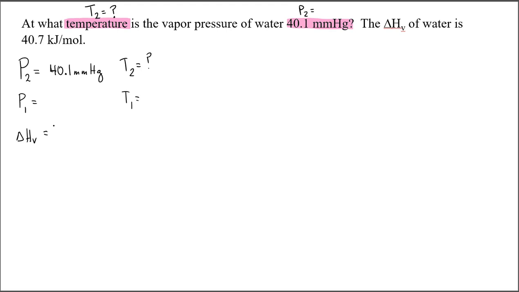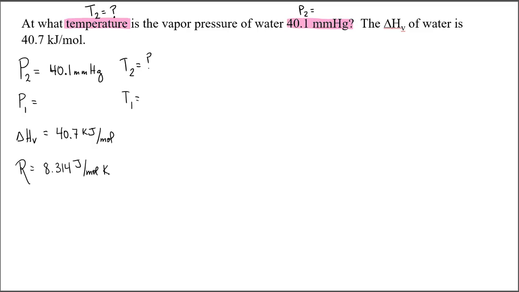I have given you enough information, I promise. I know I typoed on the last slide, but I didn't make a mistake this time. The delta H of vaporization is 40.7 kilojoules per mole, and our gas constant is 8.314 joules per mole Kelvin.